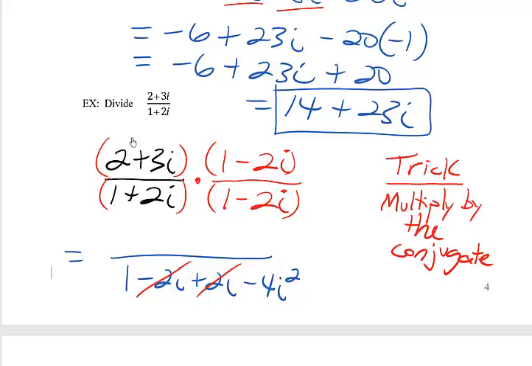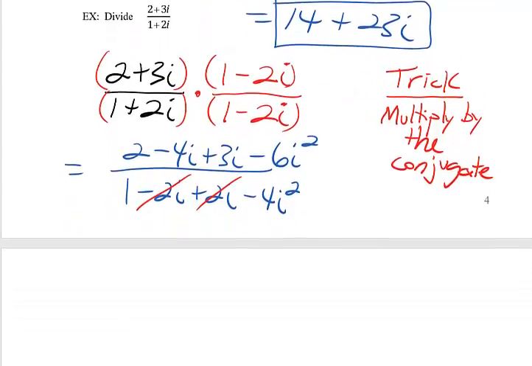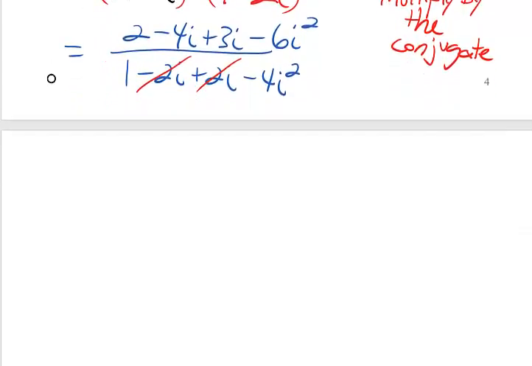I've got 2 times 1, which is 2. I've got minus 4i from the outer, plus 3i for the inner, and minus 6i squared for the last. Let's go ahead and simplify now. On the top, I have 2. I've got a couple of like terms, minus i. Remember that i squared is just a negative 1.